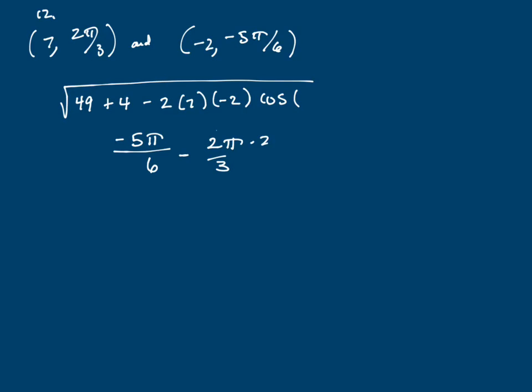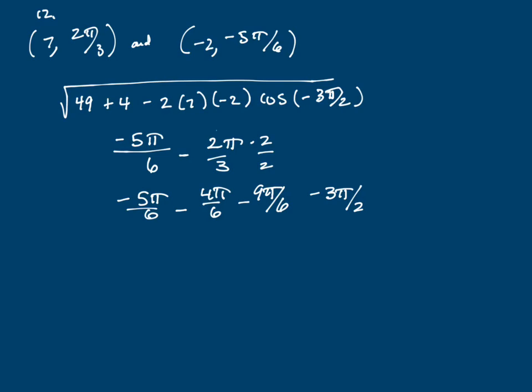Of course, you have to multiply this by 2, so you get negative 5 pi over 6 minus 4 pi over 6, so you get negative 9 pi over 6, which is negative 3 pi over 2. All right, punch that into your calculator, and you should get D equals 7.28.